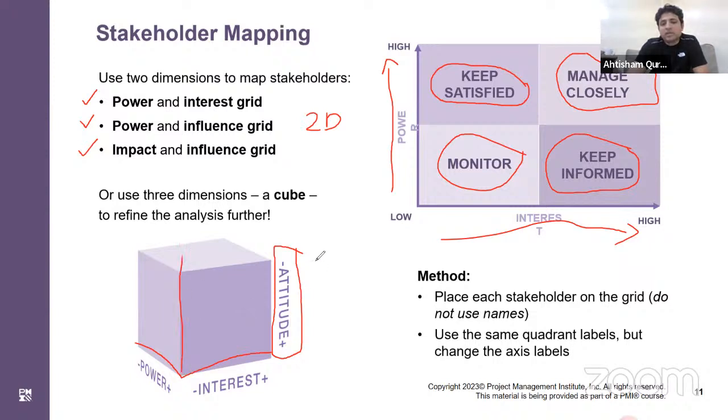Attitude can be neutral, supportive, or resistant, maybe a positive stakeholder, maybe a negative stakeholder, or maybe neutral. And maybe unaware of the project. All right. So this is the 2D and 3D grid.